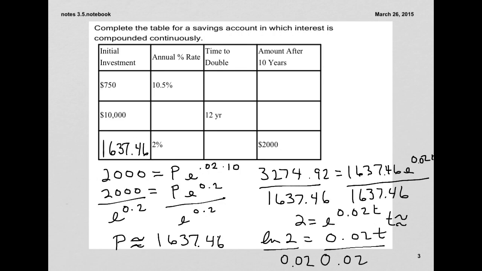I apologize, I made a mistake on my calculations. This is t equals 34.66. So my answer here is time to double, 34.66 years. Okay, that's it for this one. We have one more example.